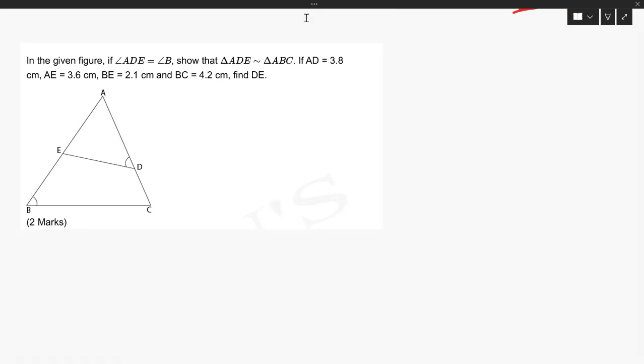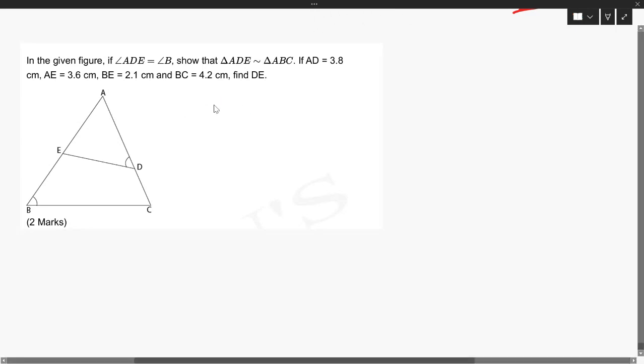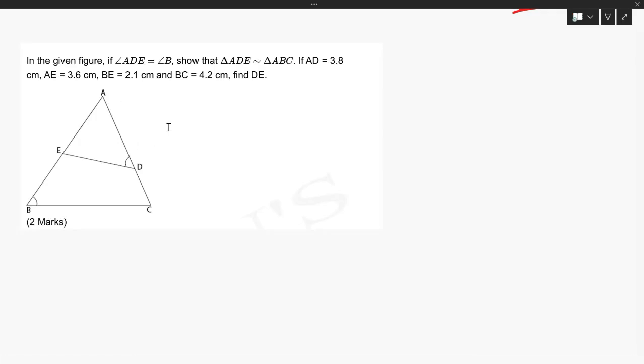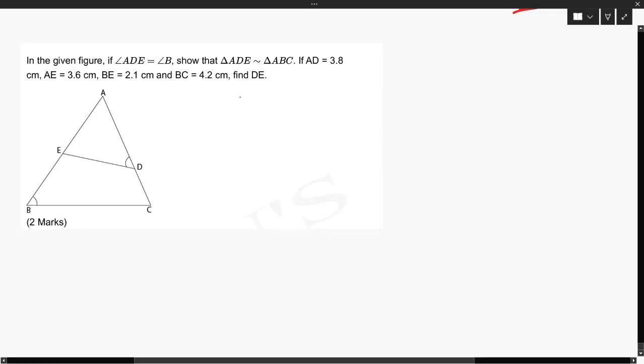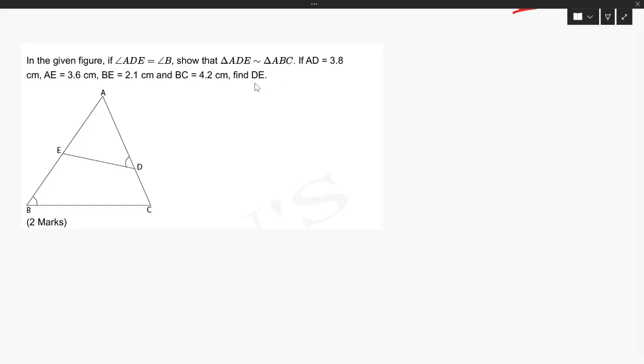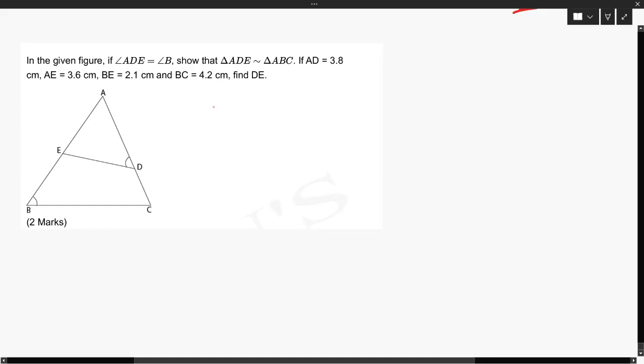Show that, we have to prove the similarity. Now, once we have proved it similar, their corresponding parts are also similar. Correct? The corresponding sides are proportional. So AD upon, no, they are not parallel.